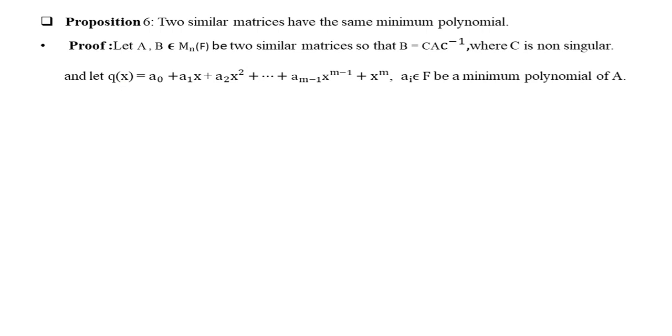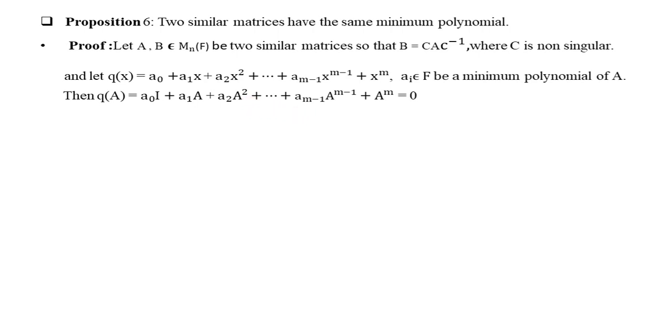Therefore Q of A is equal to a naught I plus a1 A plus a2 A square, etc., last term a_m A power m, which is equal to 0 by definition of the minimum polynomial of A. Here, 1 is replaced by I, x replaced by A, x square replaced by A square, and so on.